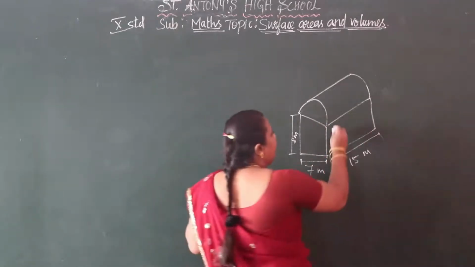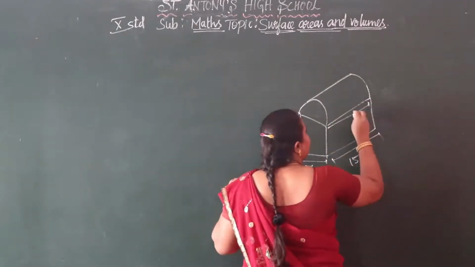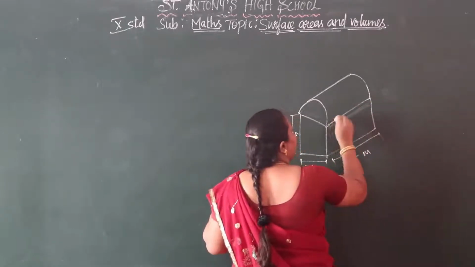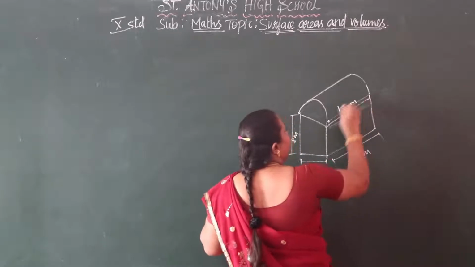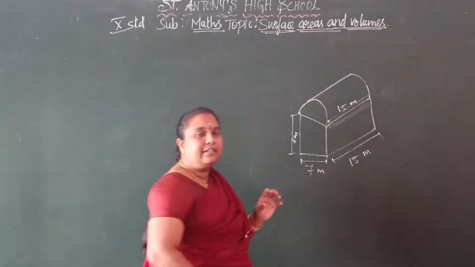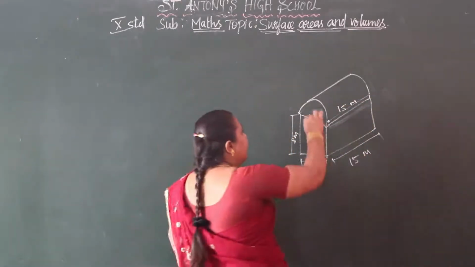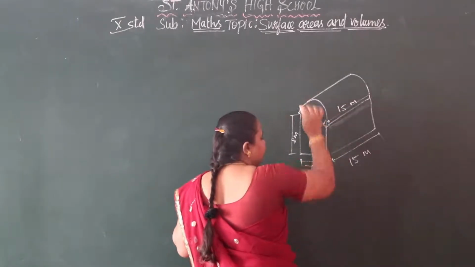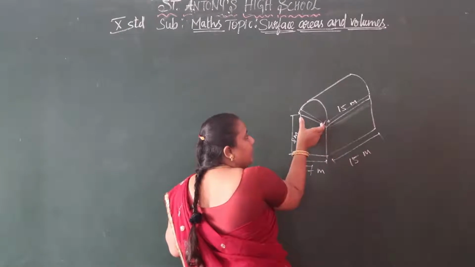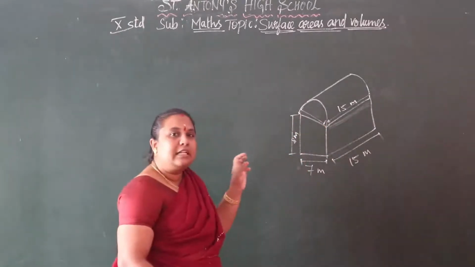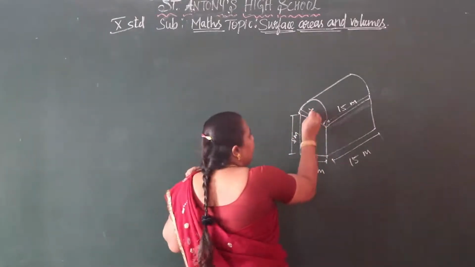See, here we have to take it like this. The height of the cylindrical shape is 15 meter, and the diameter of the cylindrical shape is the breadth of the cuboidal shape, that is 7 meter.